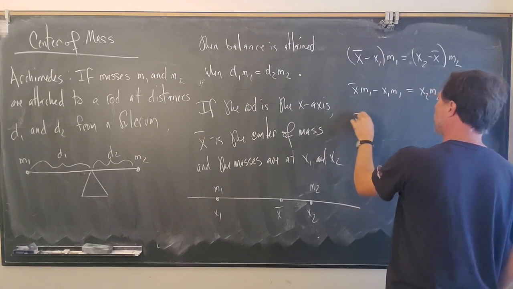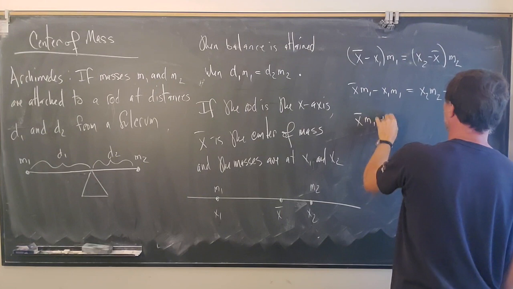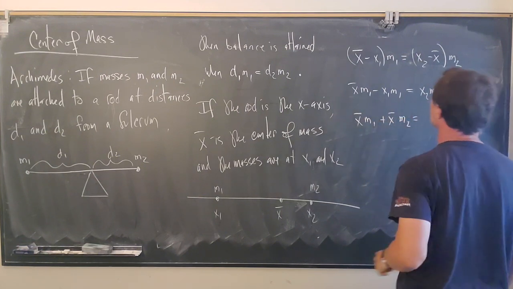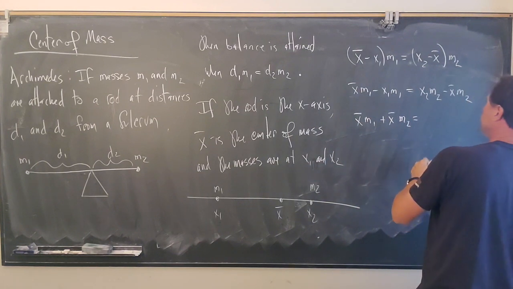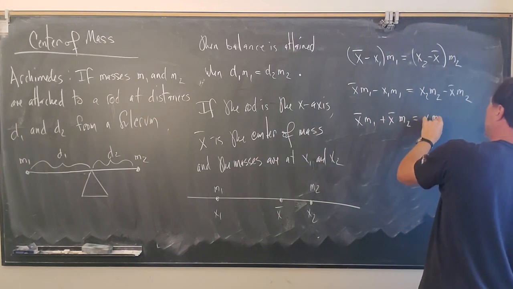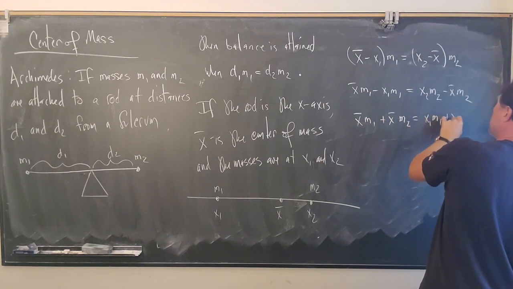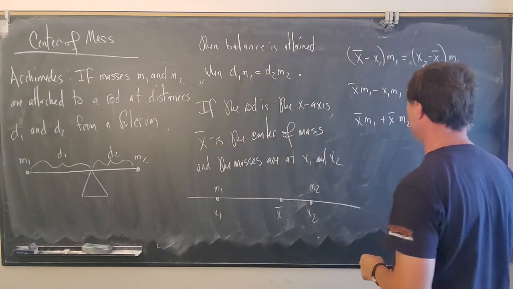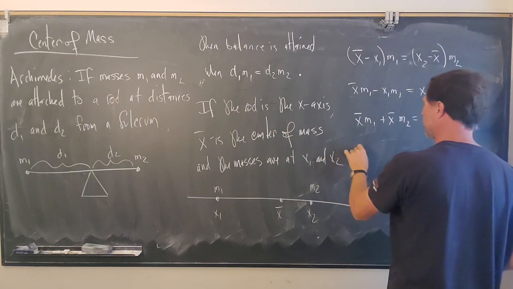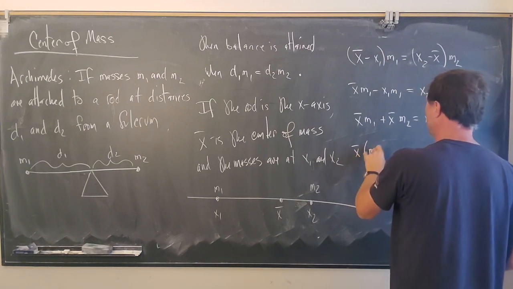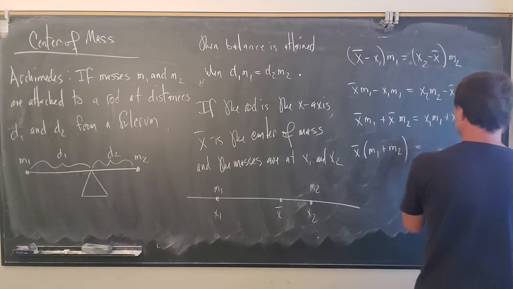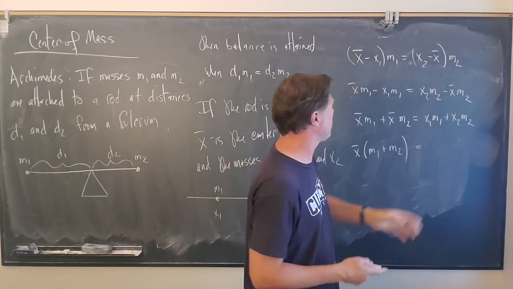So we'll have x bar times m1 plus x bar times m2 equals x1 m1 plus x2 m2. I'm going to factor an x bar out of each piece, so that'll be x bar times m1 plus m2. And then that's going to equal, and I don't know why I did this when I multiplied these things out.